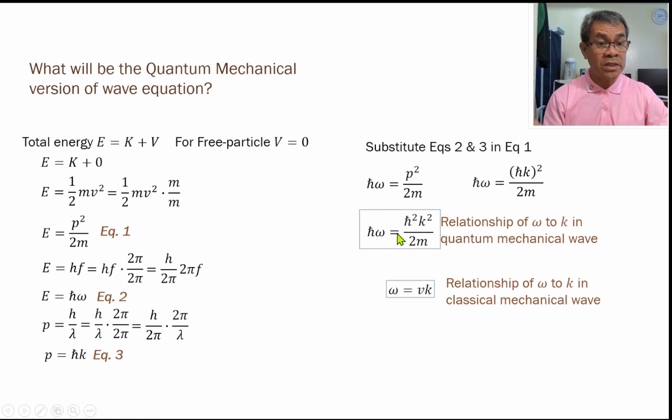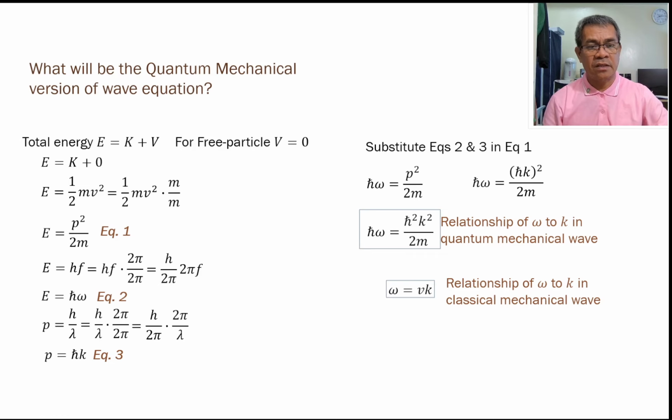But in a quantum mechanical wave, the angular frequency is directly proportional to the square of k. What does it mean? It means to say that we cannot use the classical mechanical wave in a quantum system.